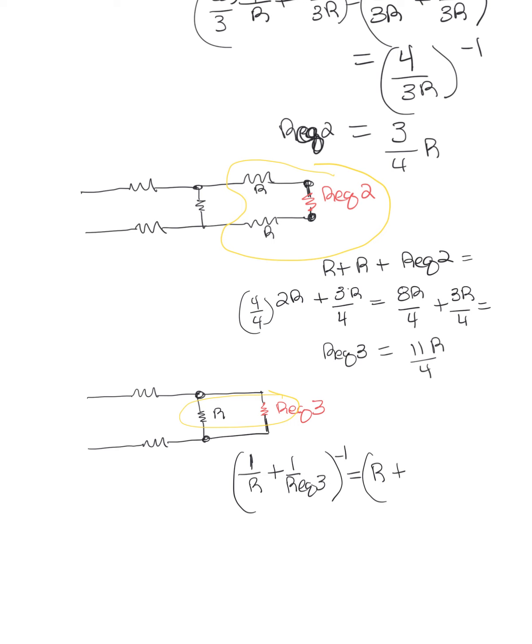R plus 11, oh, we got to take the reciprocal of that, so it'll be 4 over 11R. And when you're taking the reciprocal, you're just flipping this over. Okay, which is then going to equal, we need a common denominator, so let's multiply by 11 over 11. I'll show that.